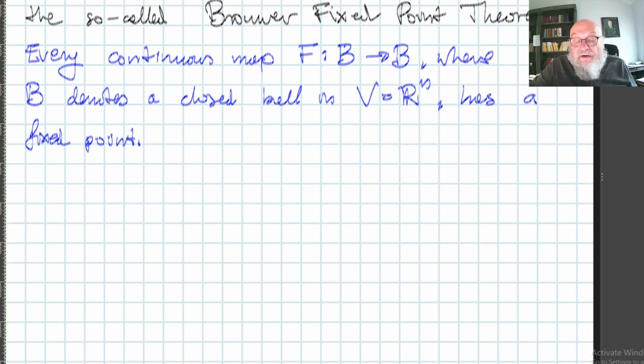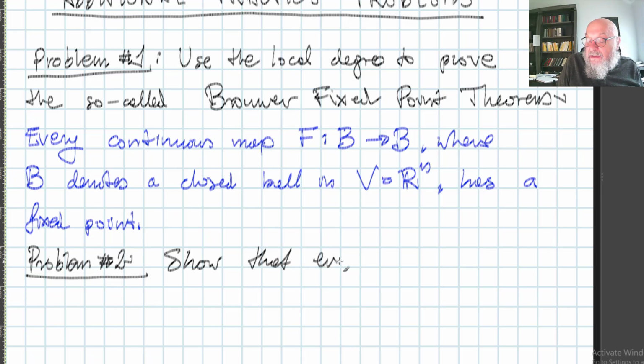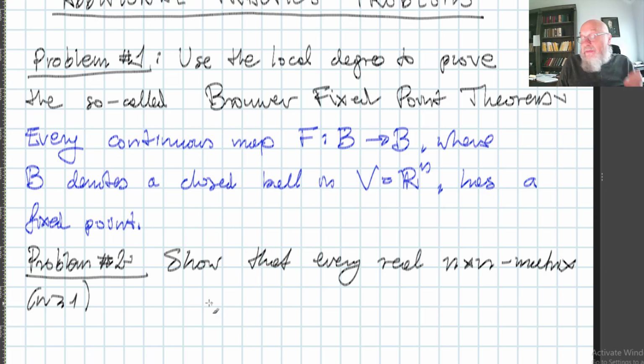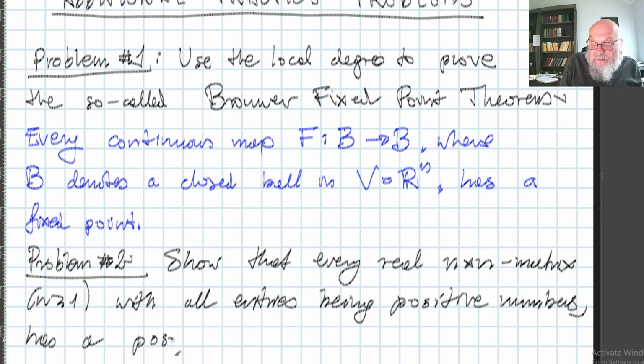So problem number two. Maybe like this. Show that every real n times n matrix, n larger or equal to 1, with all entries being positive numbers, has a positive eigenvalue.